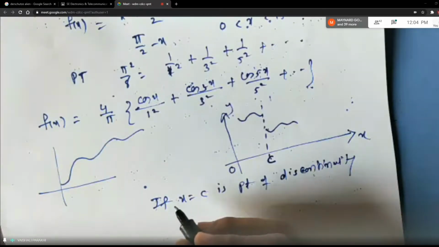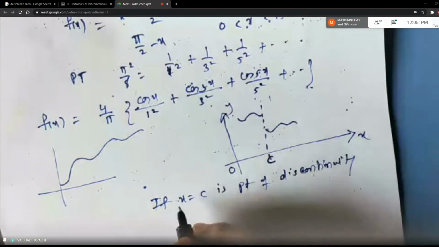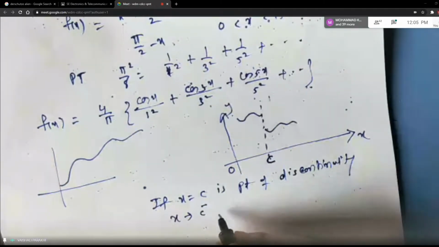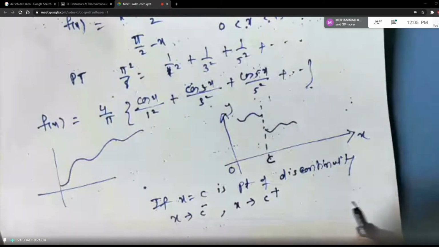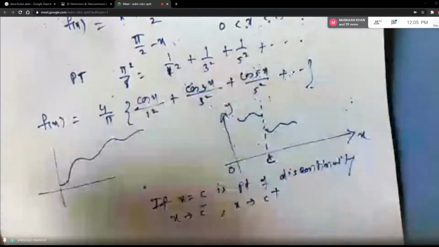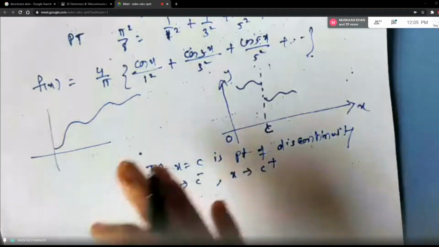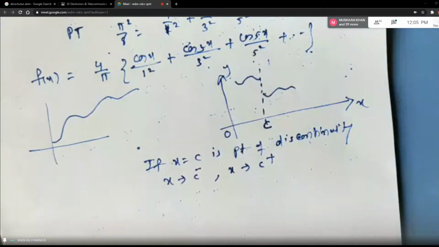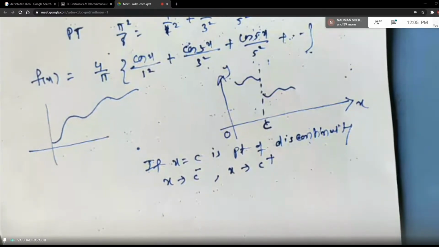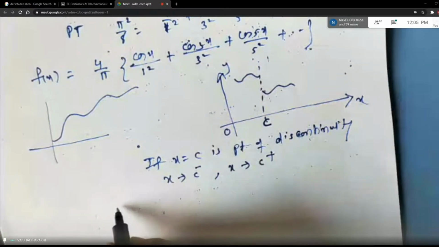Both limits of f of x as x tends to c minus and x tends to c plus exist. Minus means on the left hand side of c and plus means on the right hand side of c. At such a point, the Fourier series gives the value of f of x at x equal to c like this.